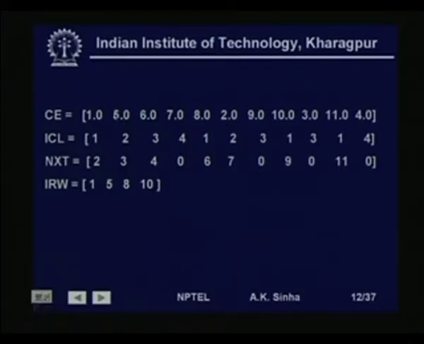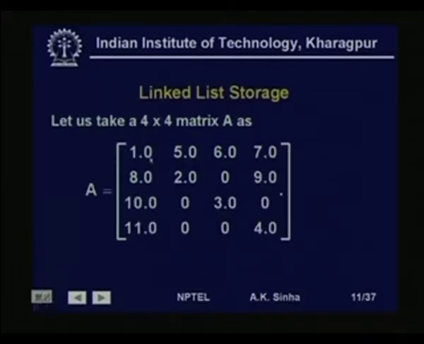That is, if we see 1, the next element is in position 2, for the same row. So, we have 1 and then 5 as the next element, then 6 as the next element, and then 7 as the next element. After this, the row ends.